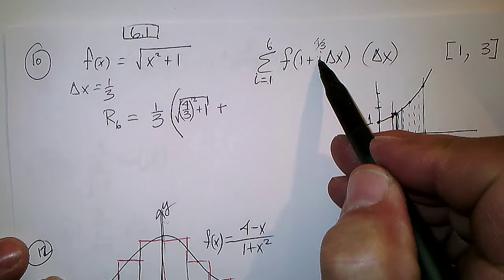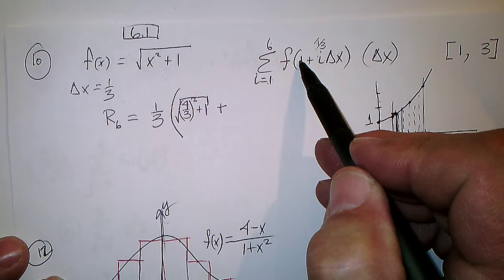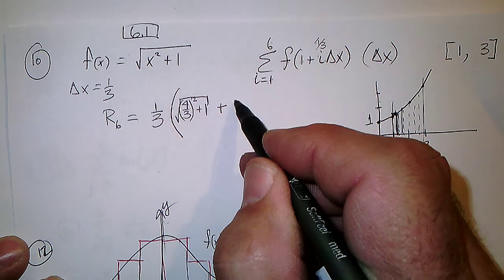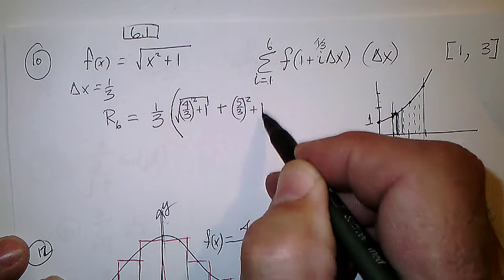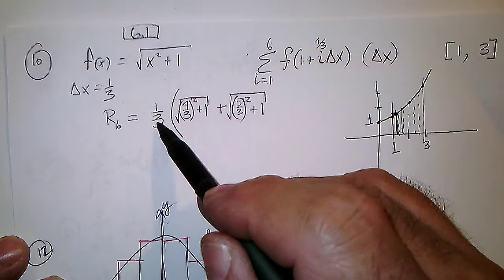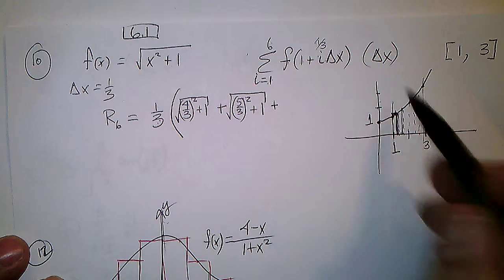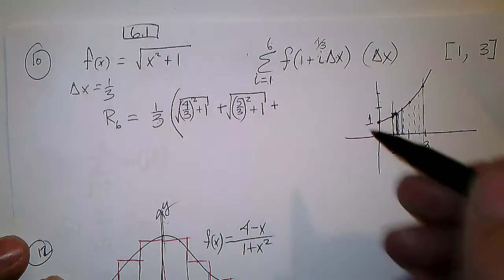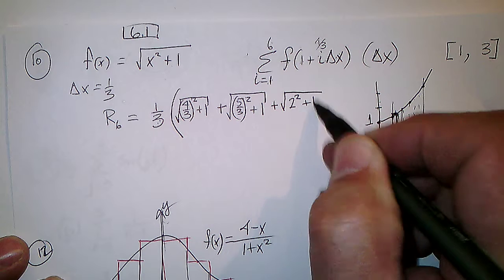Now I'm going to put in 2. 2 times 1/3 is 2/3, plus 1 is 5/3. So then I got to put 5/3 into this equation. So I'm going to have the square root of 5/3 squared plus 1. That's going to be times the 1/3 that I've already put on the outside. Plus, and then I go one more third, so that would be 1 and 3/3, or 2, so I'm going to have f of 2, which is the square root of 2 squared plus 1.